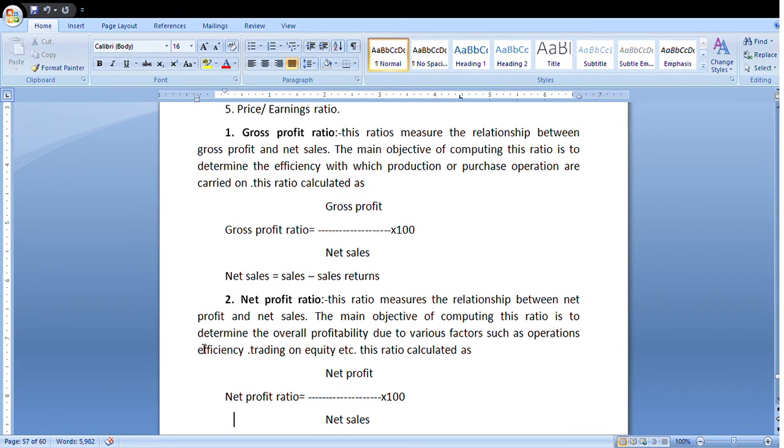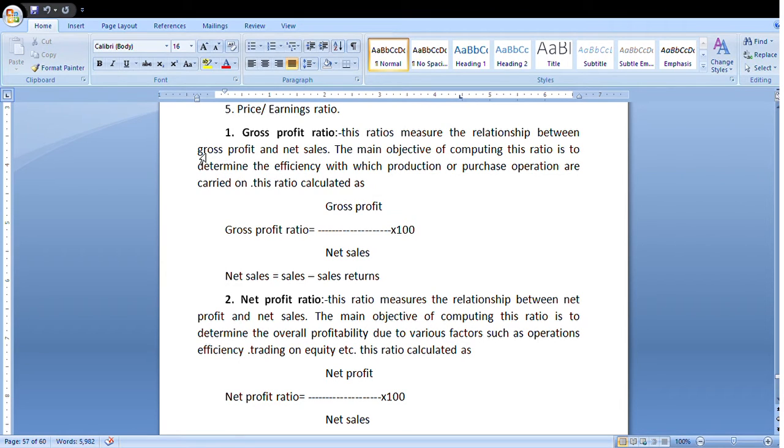First one is gross profit ratio. This ratio measures the relationship between gross profit and net sales. The main objective of computing this ratio is to determine the efficiency with which production or purchase operations are carried on.